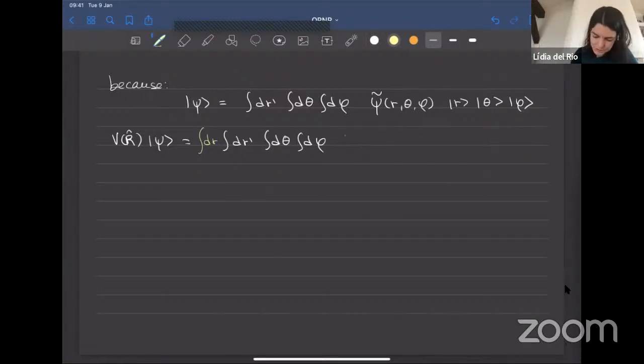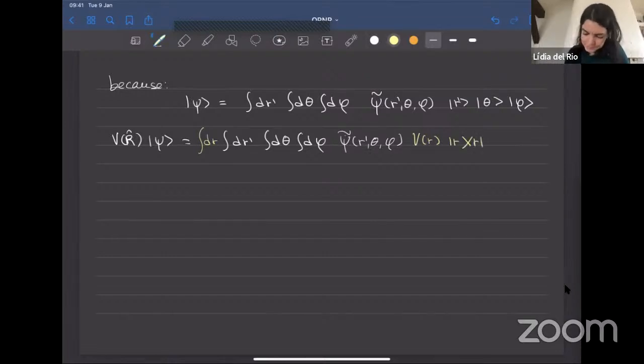Now comes, well, this is just a number. The wave function is just a number again. Okay, I'll just write it by hand. Now comes the V of small r, and let me use here a special variable r.